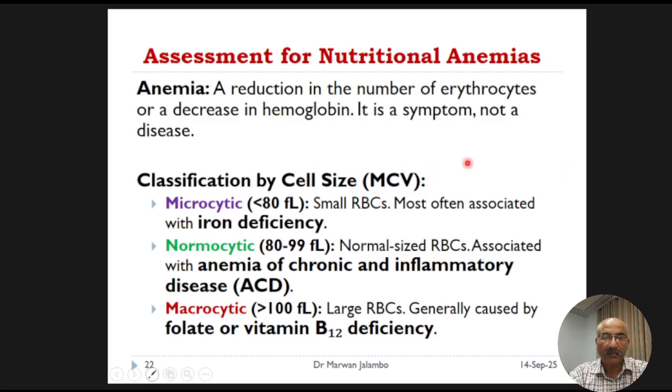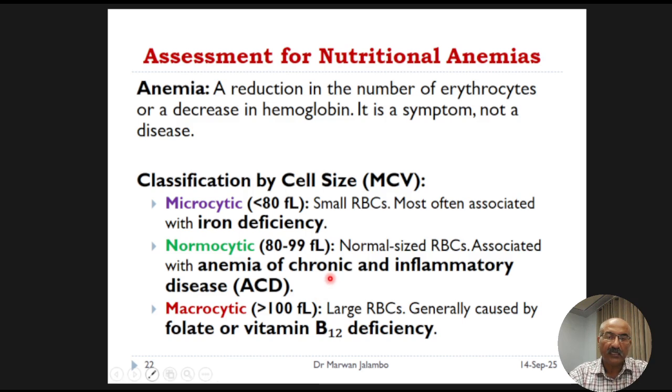So microcytic anemia, or small red blood cells less than 80 femtoliters, is often associated with iron deficiency, while macrocytic anemia, more than 100 femtoliters, is typically caused by deficiency of either folate or vitamin B12 cyanocobalamin, while normocytic anemia is often associated with the anemia of chronic and inflammatory disease, which doesn't respond to iron supplementation.